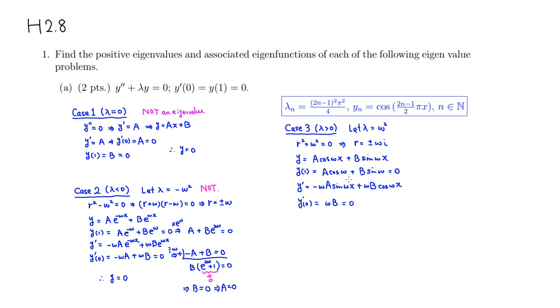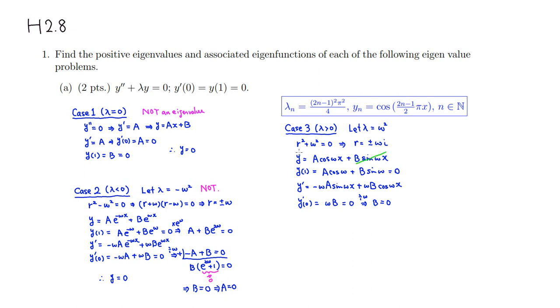Divide through by omega, because it's a positive number, so b is equal to 0. Going back, we have a cosine of omega x, but b is 0, so we can scratch this term out.